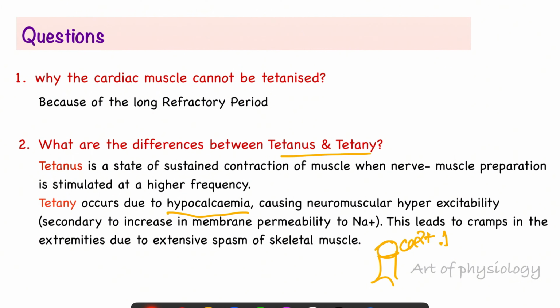If there is no calcium, this will not happen, so sodium will become permeable into the cell. If more and more sodium is coming into the cell, there will be hyperexcitability. This will lead to cramps in the extremities due to extensive spasm of the skeletal muscle. That is called tetany.